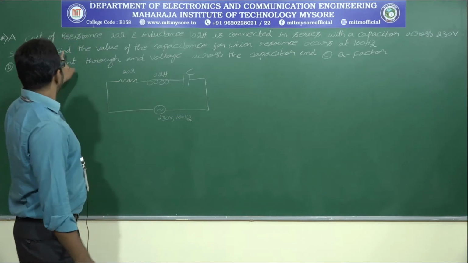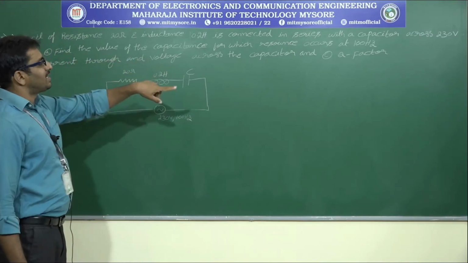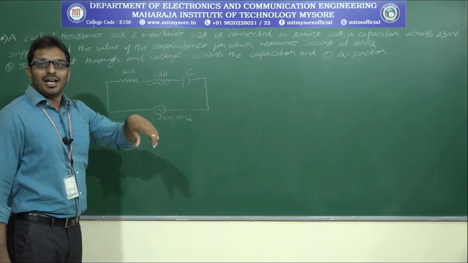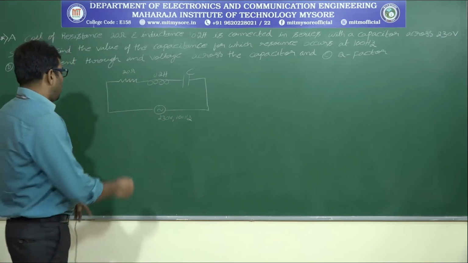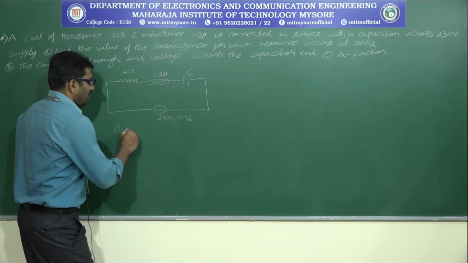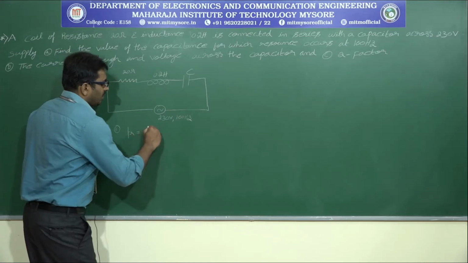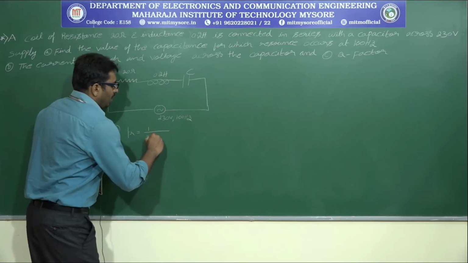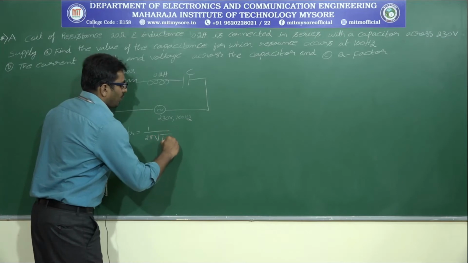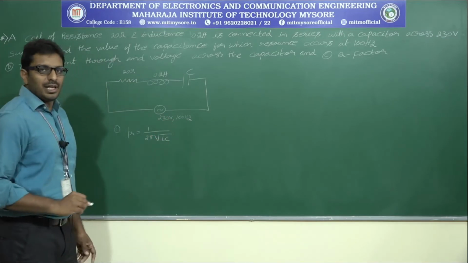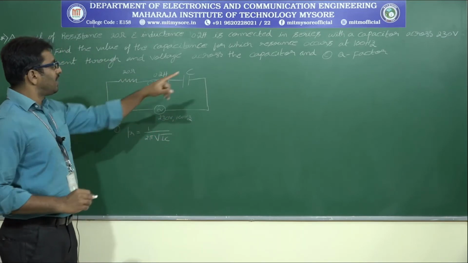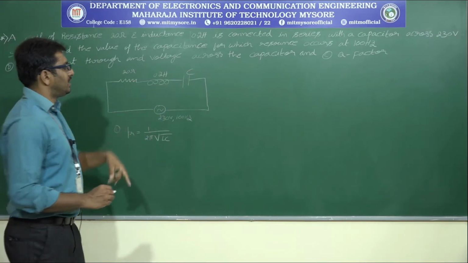So, what is the first question? Find the value of capacitance for which resonance occurs at 100 Hertz. Anyhow, we know the formula to find out a resonant frequency. What is that? Fr is equal to 1 divided by 2 pi square root of LC. Is that clear? So, Fr value is given, right? How much? 100 Hertz.